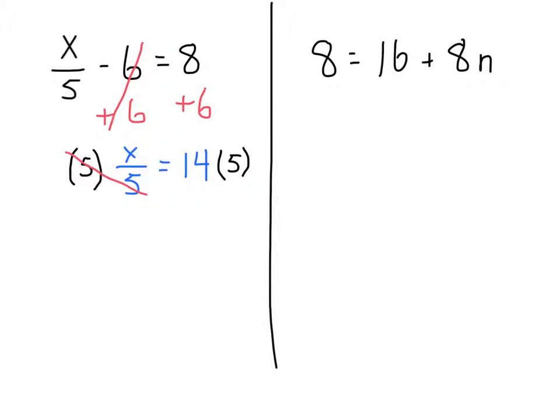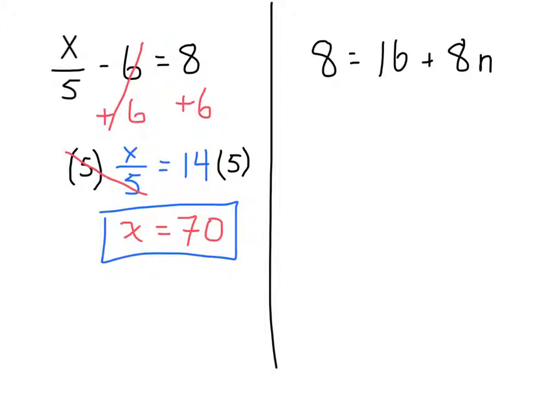So now all that we have left is x. Then on the right side, we have 14 times 5, and 14 times 5 is 70. So our answer that we've come up with is x is equal to 70.